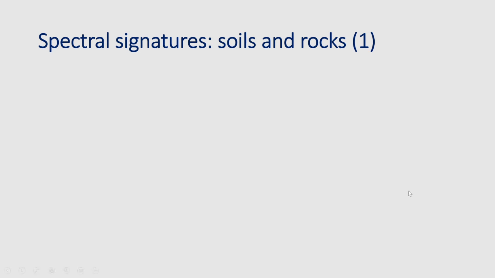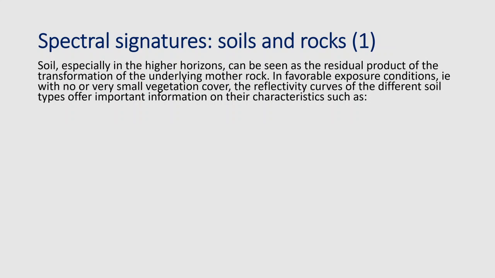Okay, concerning soils and rocks, what is happening with soils and rocks? Soil, especially in the higher horizons, can be seen as the residual product of the transformation of the underlying mother rock. In favorable exposure conditions, for example with no or very small vegetation cover, and in technical terms, when we are referring to remote sensing techniques, these conditions, soils or rocks with a very small vegetation cover, we talk about bare soil.